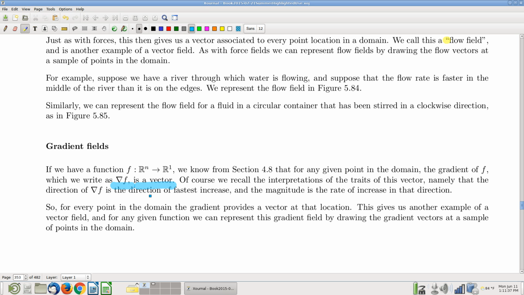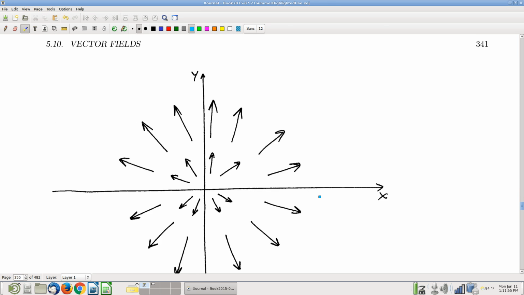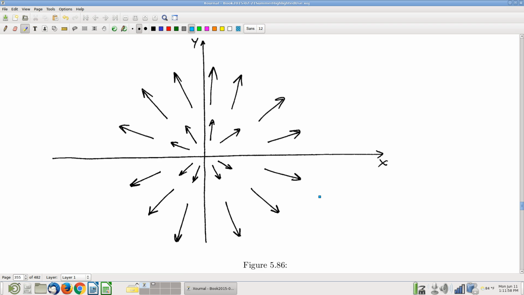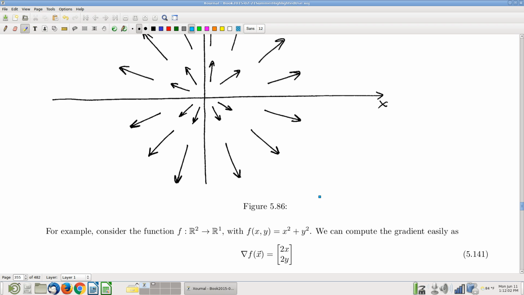So I'll just make the observation that because the gradient was a vector that we computed at a given point, that means at every point there is a gradient vector. That means at every point there's an associated vector. That's a vector field, right? So situation like this. For this function right there, f of x y equals x squared plus y squared.